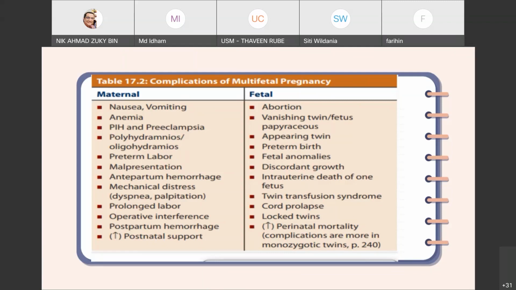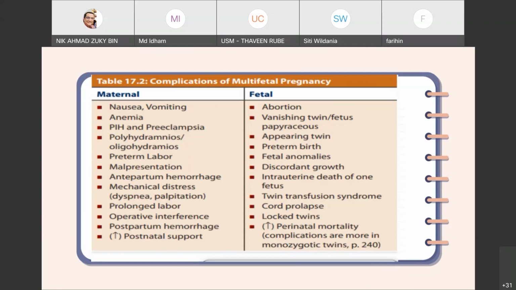Preterm birth is because of over-distension and other associated problems, preeclampsia and so on. Fetal abnormality is about twofold in twins. Discordant growth in twin-to-twin transfusion: one is big, another one is small. One fetal death, one fetal demise. Twin-to-twin transfusion syndrome.